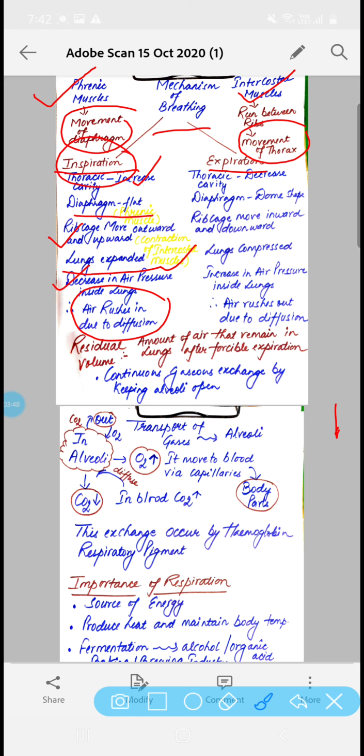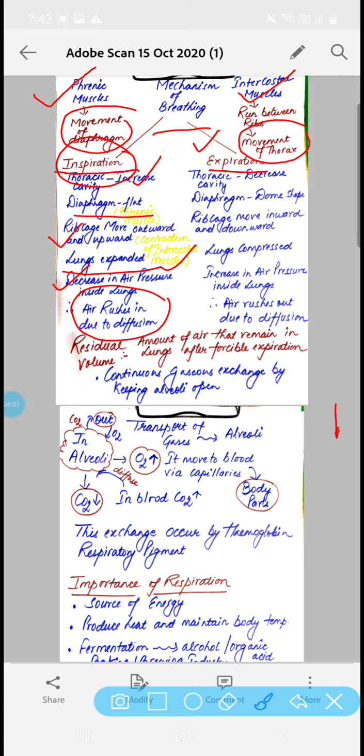If we talk about expiration, the second step of breathing, it is just the opposite of inspiration. तो अगर आपको inspiration learn हो गया तो आपने उन्हीं points का ही opposite लिखना है. Now you will perform another activity.